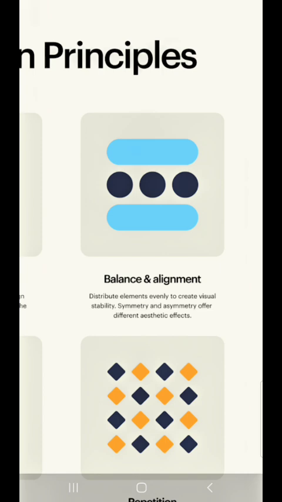So the alignment is just like the way you have it in Microsoft Word. For people who have used Microsoft Word, you'll see there is alignment to the left, alignment to the right, alignment to the middle. That's the three major alignments. And there are also symmetrical alignment and asymmetrical alignment.